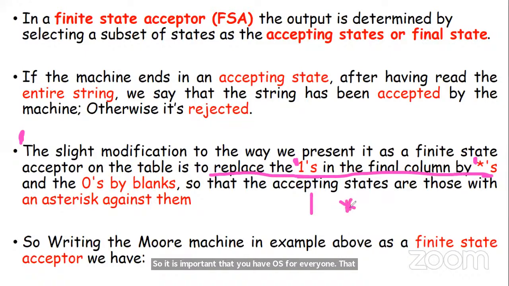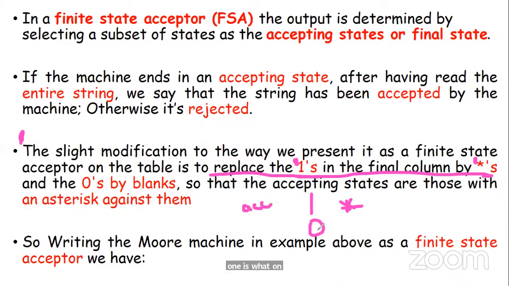An asterisk. Any state that is 0, we leave it blank. So anyone that is 1 is what? An accepting state. And anyone that is a 0 is not an accepting state. So it's just an ordinary state. Right? So moving forward.